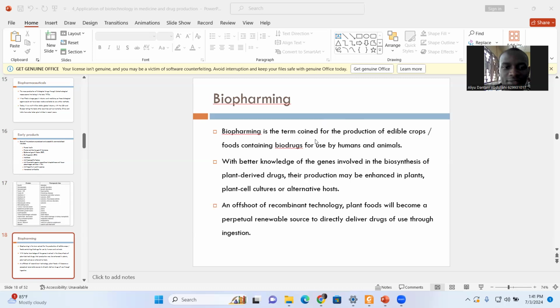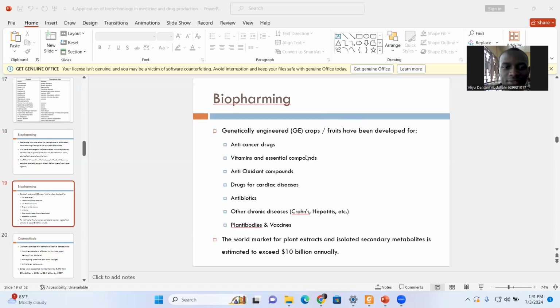Biofarming is a term coined for the production of edible crops, wood containing biodrugs for use by humans and animals, right? Your diet should also serve as medicine. Basically, that's what's happening here.